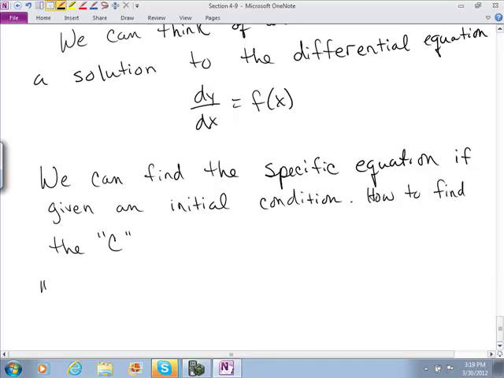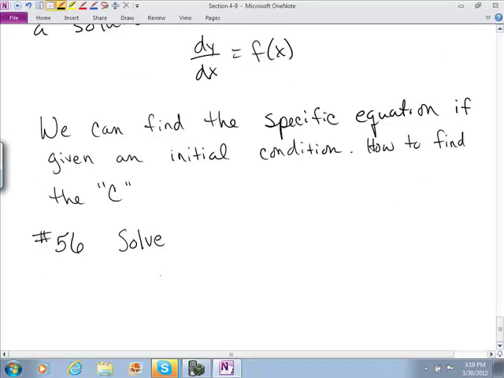So here is a homework question that'll kind of help you. This is number 56. You're asked to solve the differential equation dy dz is equal to the sine of 2z when y at pi over 4 is equal to 4.